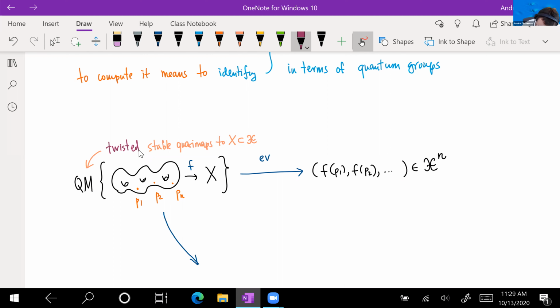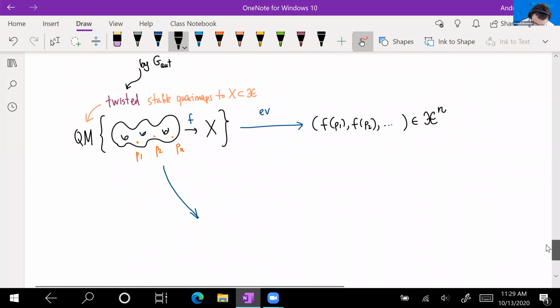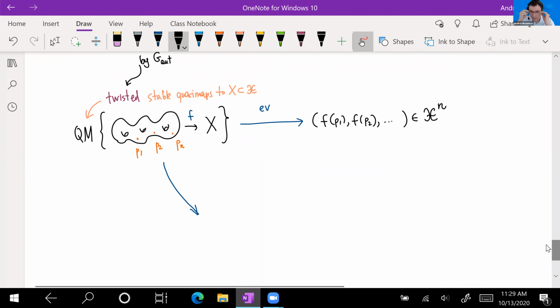Twisted means twisted by the group of automorphisms. So we have some bundle over the curve with the group's automorphism, and in addition to remembering the evaluation point, we can remember the data, which is the curve itself.